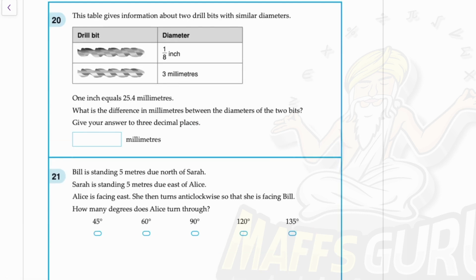This table gives information about 2 drill bits with similar diameters. 1 inch equals 25.4 millimeters. What is the difference in millimeters between the 2 bits? So because we have 1/8 of an inch, we can do 1/8 of 25.4. All right, so of in maths is times.